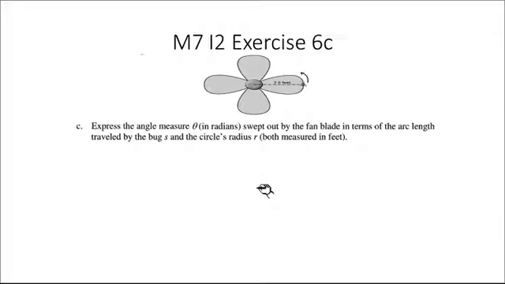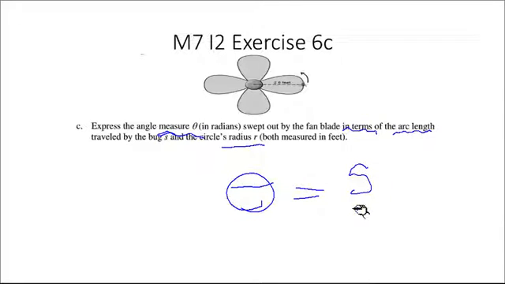In C, we're attempting to restate what we've already established. They want us to express theta in terms of the arc length it subtends and the radius, and we know that theta is given by the corresponding arc length it subtends divided by the length of the radius, or the length of 1 radian.